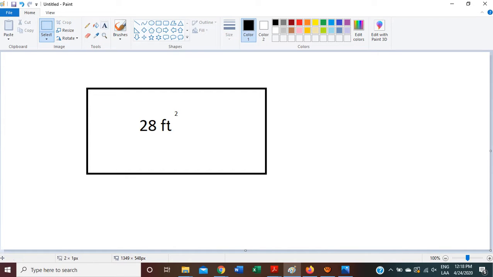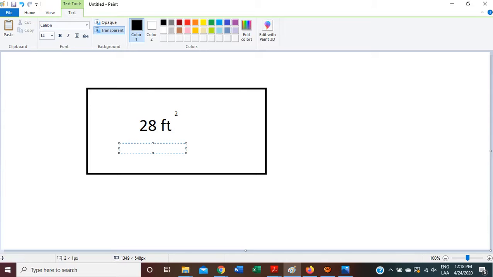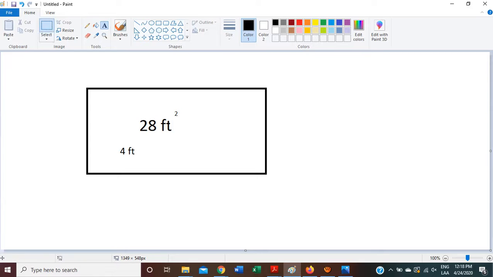So we know that it is 4 feet wide. That's what it says.